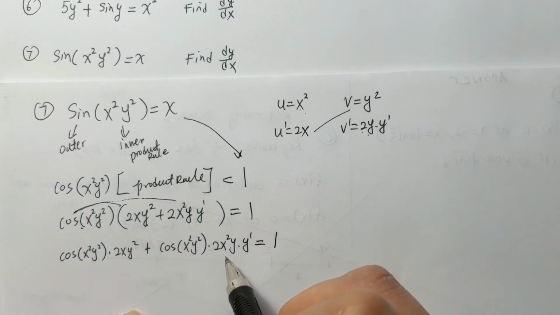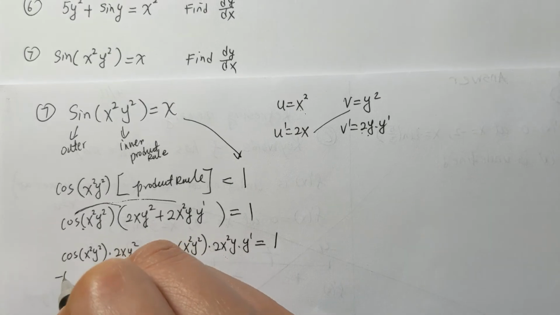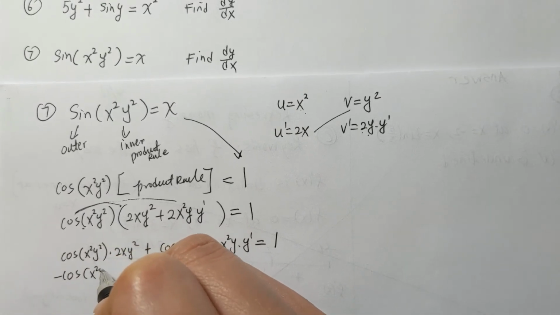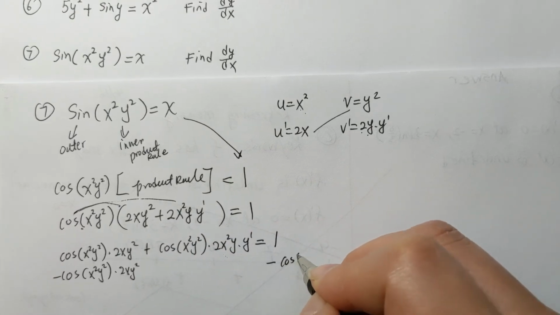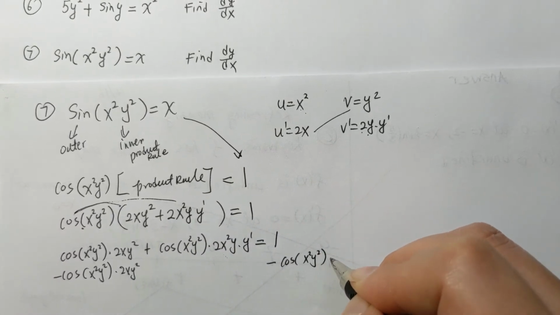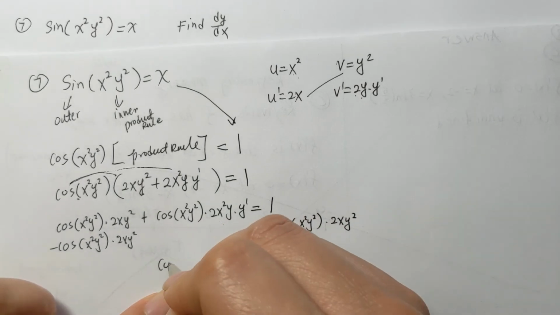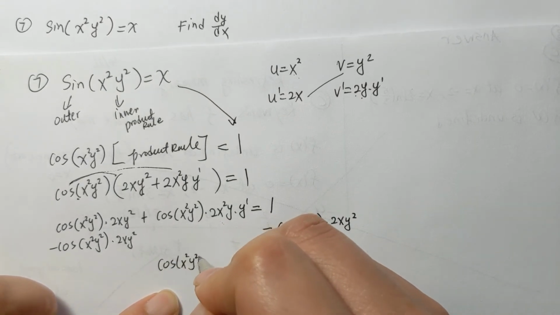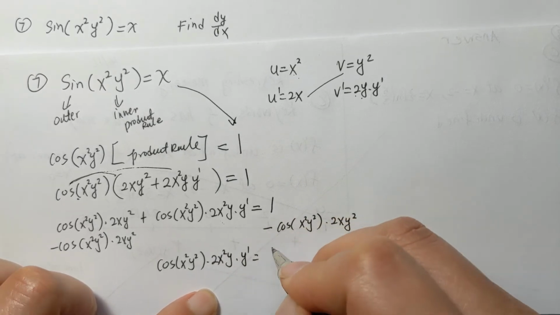So this is the term with the y prime, and this has to go to the other side. So I subtract. So now I get cosine of x squared y squared times 2x squared y times y prime equal 1 minus.